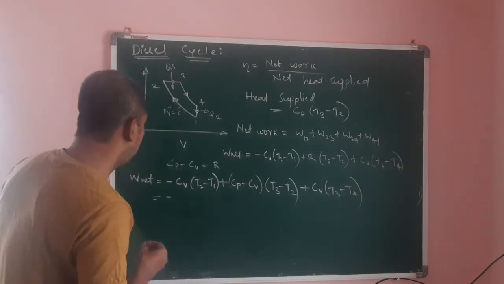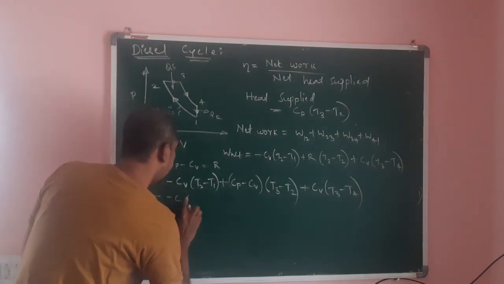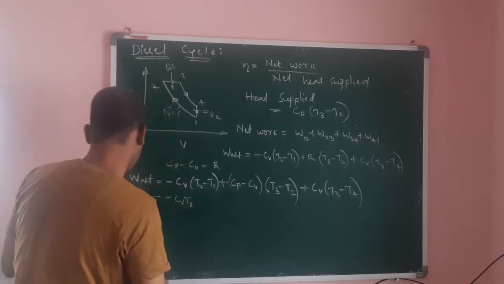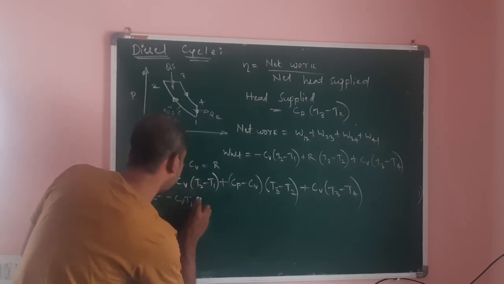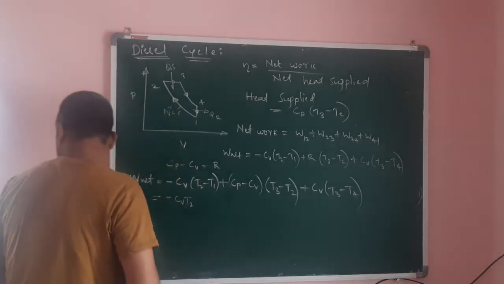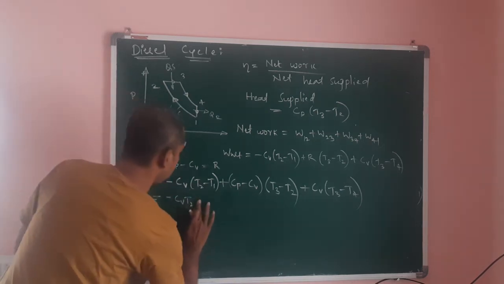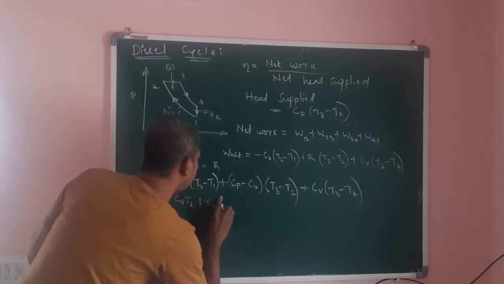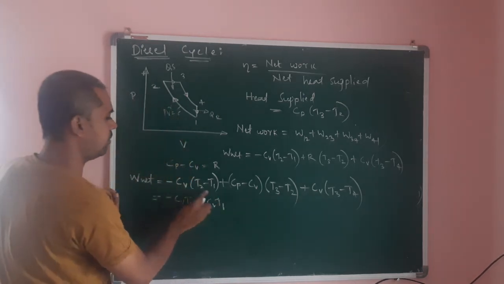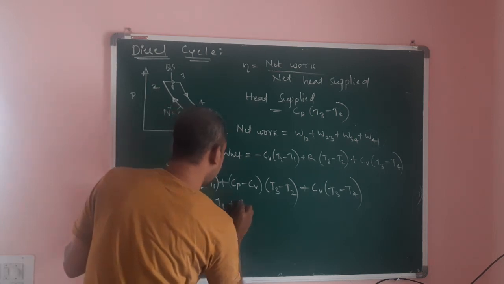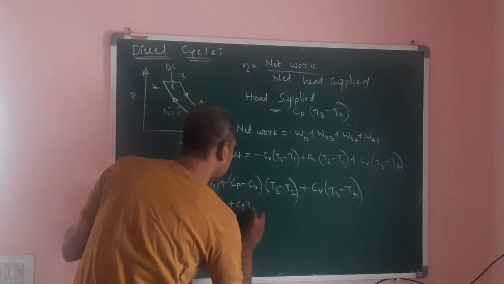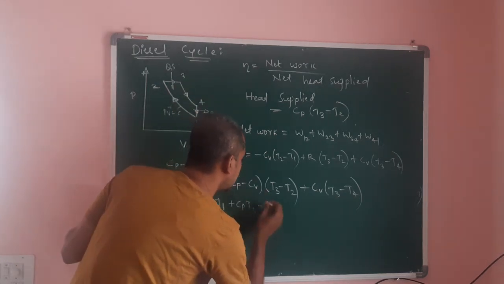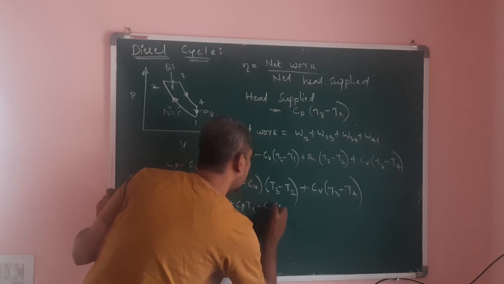Minus Cv into T2, I will multiply here, plus Cv into T1. I have multiplied here, plus Cp into T3 minus Cp into T2.